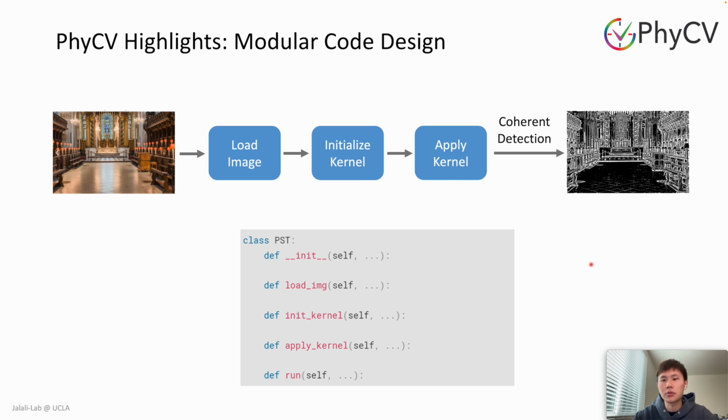This process has 3 steps in general: loading the image, initializing the kernel, and applying the kernel. In the implementation, each algorithm is represented as a class, and each step is represented as a method, as shown here. This makes the algorithm easy to understand and extend.